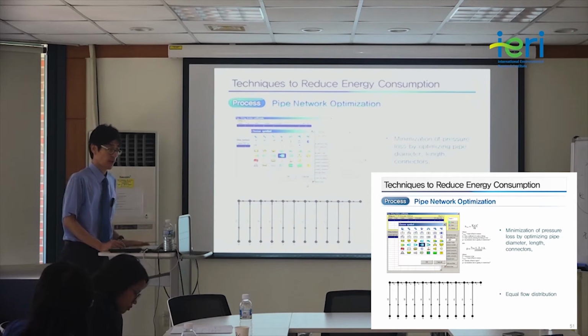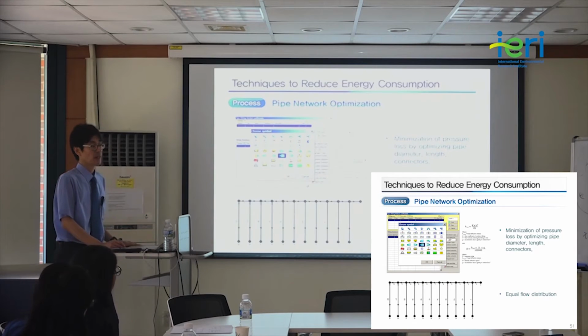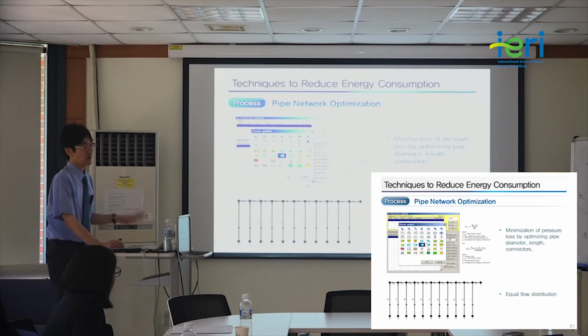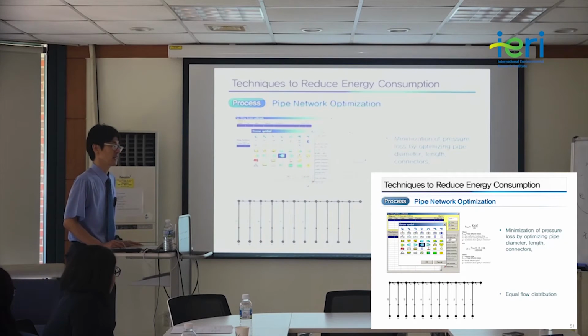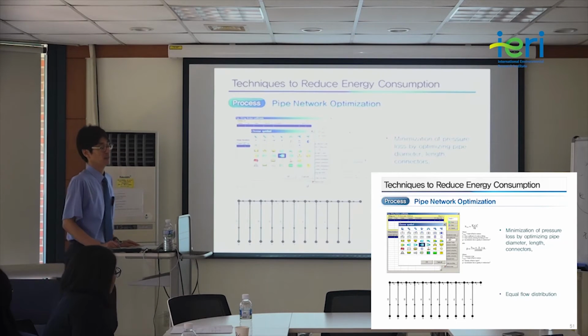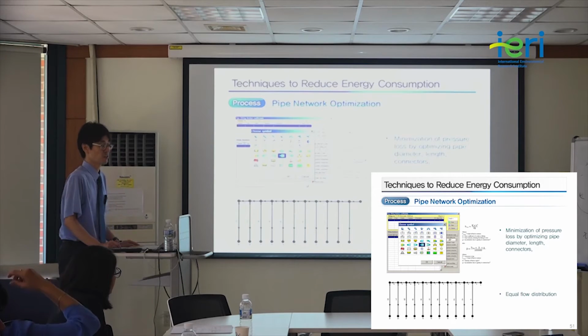And we studied the way of reducing the energy consumption in the membrane, in the vessel, and in the pump, and in the ERD. And the final part that we have to look at is the pipe. When water passes through this pipe, there will be a friction loss, and it is expressed as the pressure drop.